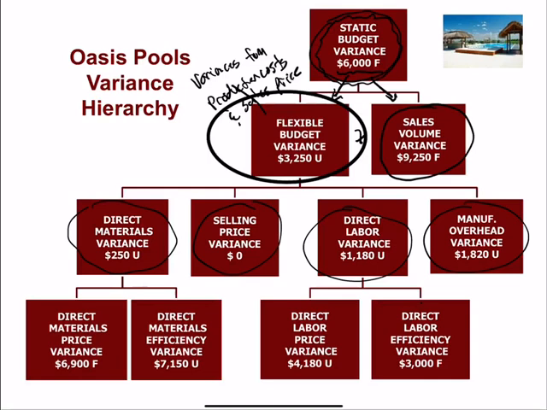Just like, for example, way down here at the bottom, the labor price variance plus the labor efficiency variance should equal the overall direct labor variance. So these should always add upwards. So keep that in mind. That's a very important principle to realize as we keep moving forward.